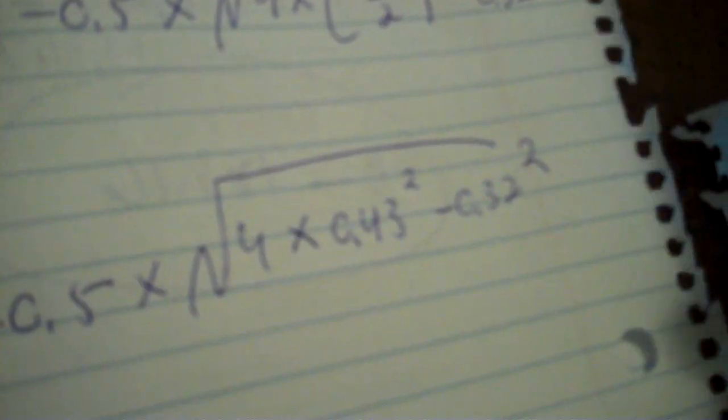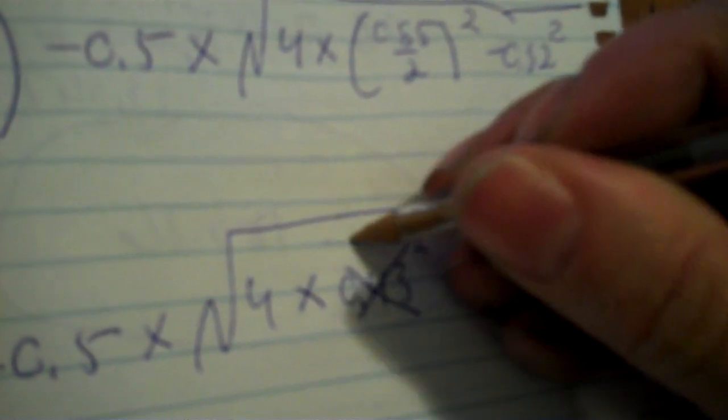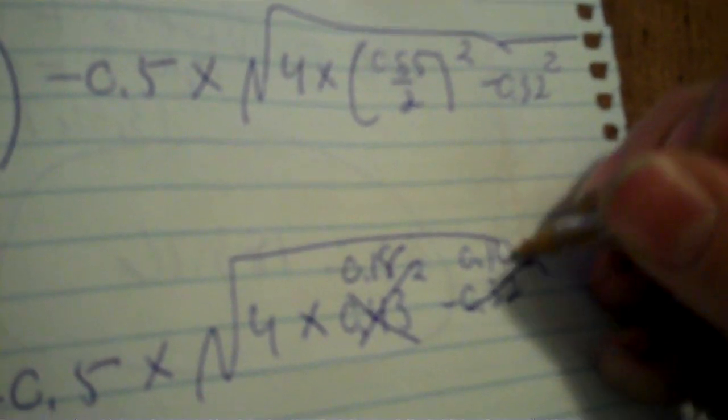So parentheses are gone. Exponents and radicals, well, you got some exponents here and you got a big radical. Okay, so 0.43 times 0.43 is 0.18. 0.32 times 0.32 is 0.10. Now I have a radical. Inside the radical, obviously to evaluate the radical, we need to know what number's in the radical first.